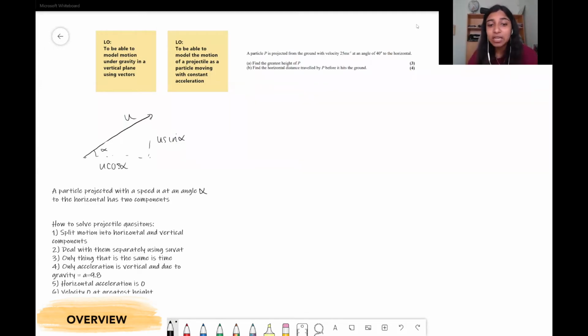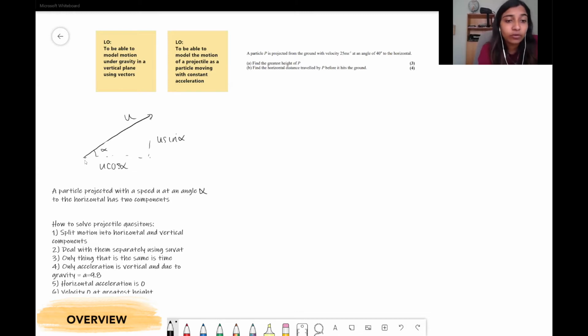A projectile is anything that, if you have a particle like a ball and you're throwing it into the air, that's called your projectile. So if you have a particle that's projected with the speed of u, u being your initial velocity, at an angle of alpha to your horizontal, then you can split your velocity into two components.